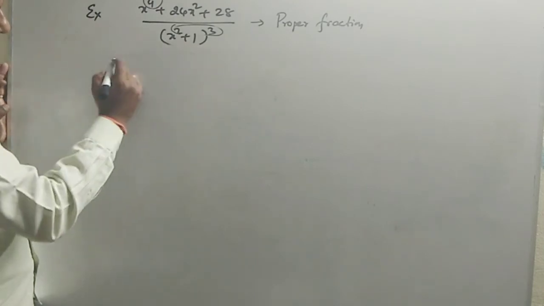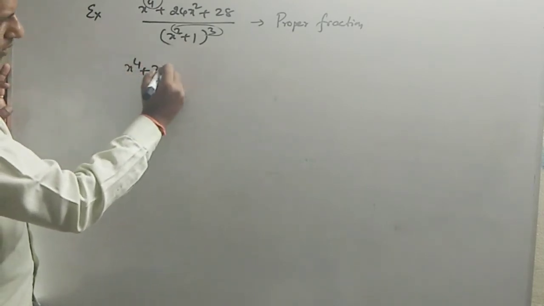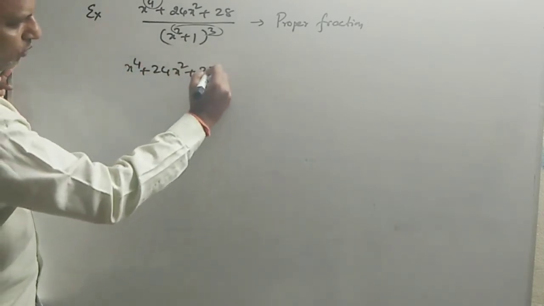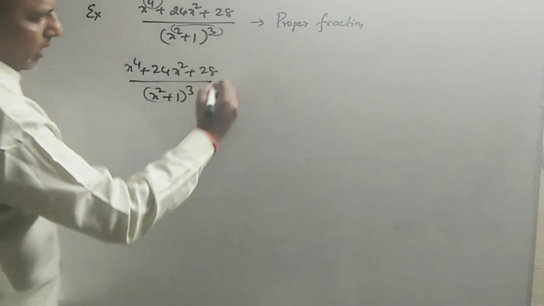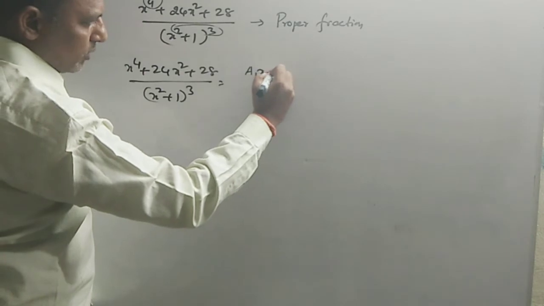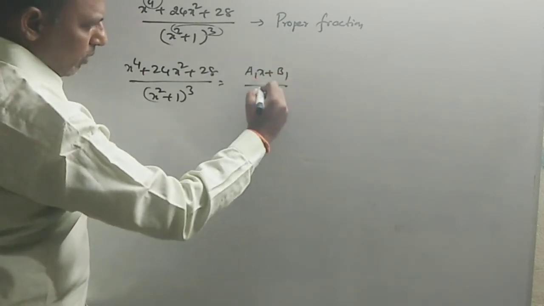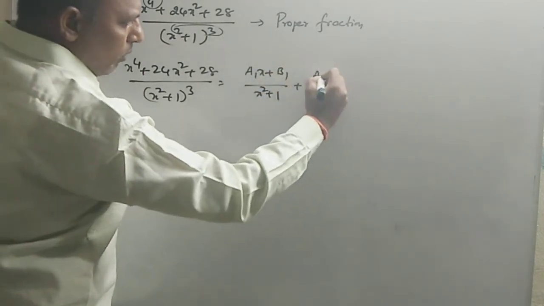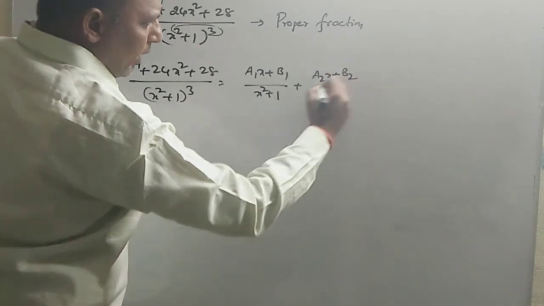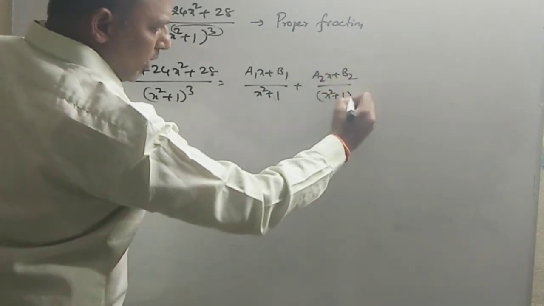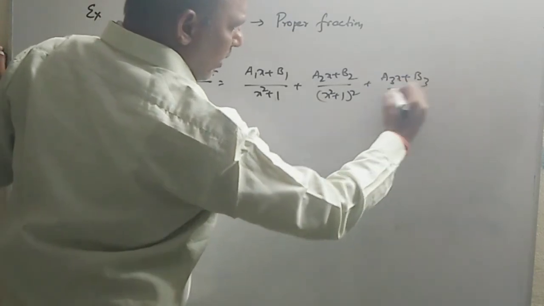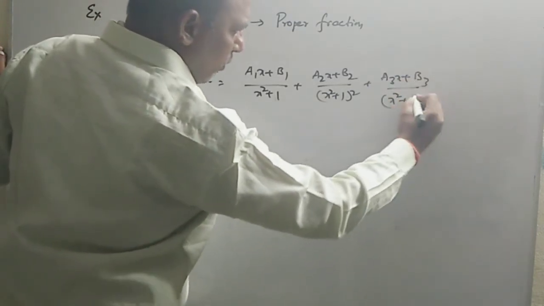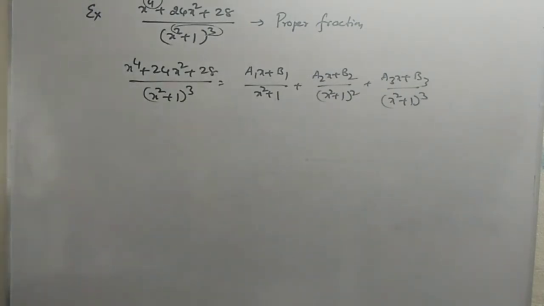Now I split this. Look here, x power 4 plus 24x square plus 28 by x square plus 1 whole cube can be written as a1x plus b1 by x square plus 1, plus a2x plus b2 by x square plus 1 whole square, then a3x plus b3 by x square plus 1 whole cube. Is it clear?